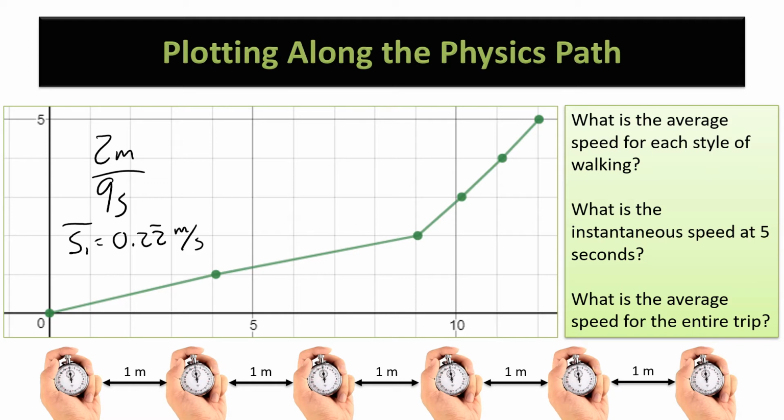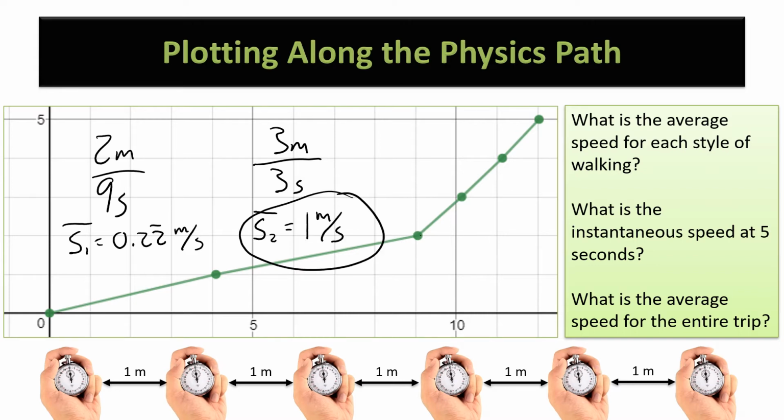The average speed for the second funny walk, how many meters did they go? They went 1, 2, 3 meters in the y-axis. So 3 meters. And how many seconds did it take them to go 3 meters? 1, 2, 3 seconds. So the average speed of the second funny walk was 1 meter per second. So you went faster, and that was slower.